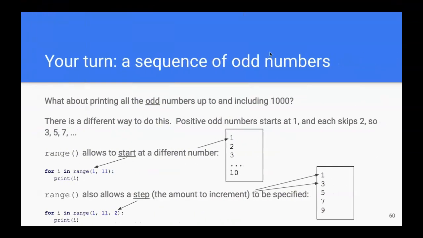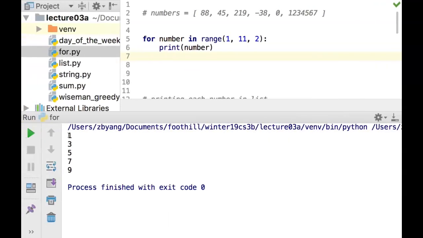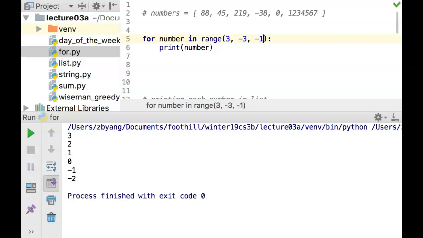Hopefully that makes sense, and it gets even more fun than that. So far you've seen this sequence of numbers increasing. Well, range allows you to go the other way around, decreasing, if your starting number is larger than the ending number and your step is negative. So let's try that.